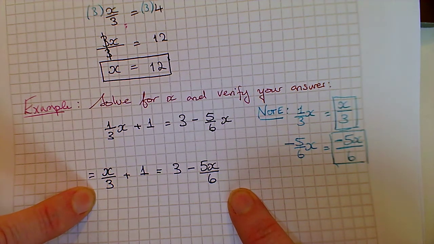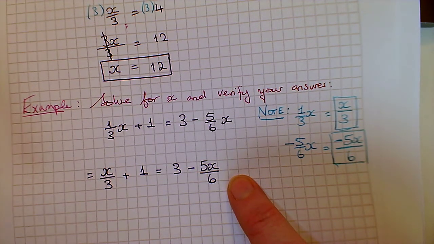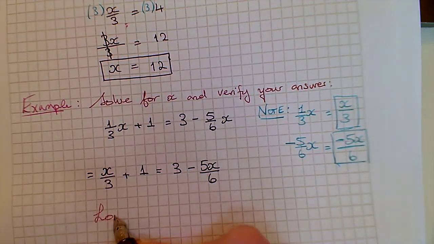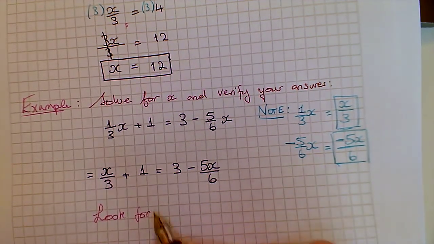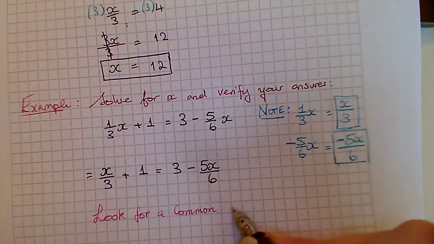And the thing is, if I undo the dividing by 6, if I multiply everything by 6, we'll find that the 3 divides into it. So rather than doing each of them in turn, like we've done with some other things, we look for a common denominator, just like when we're adding fractions.